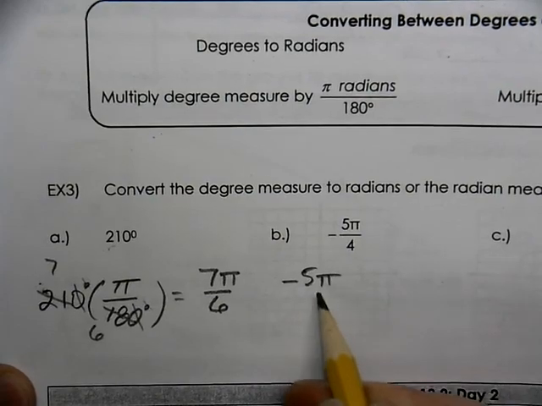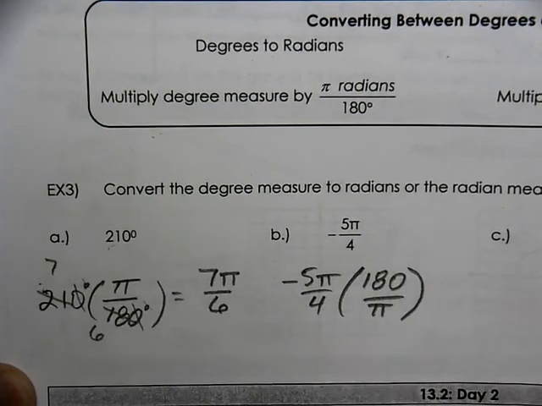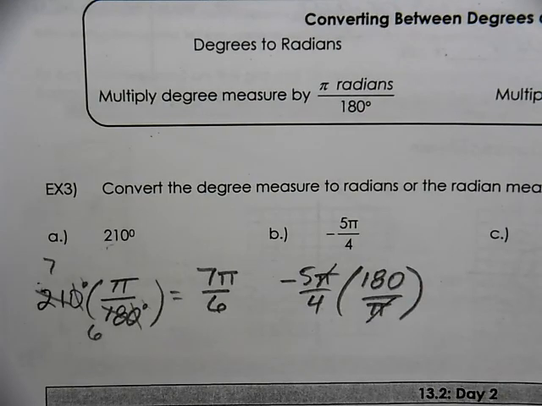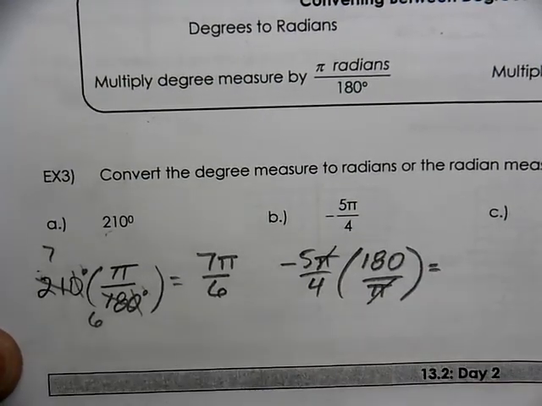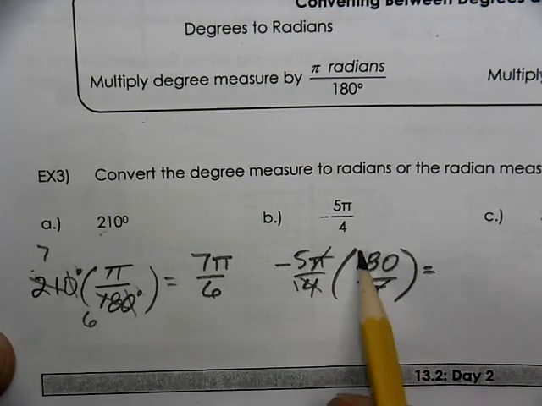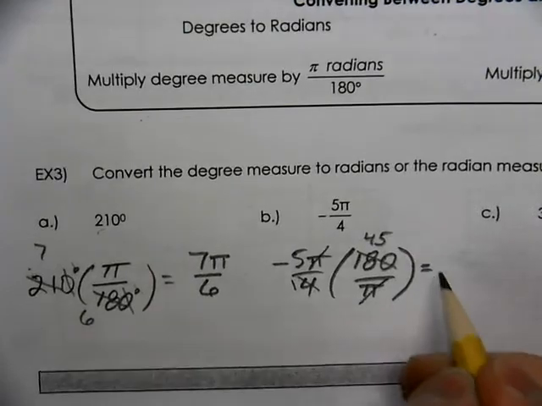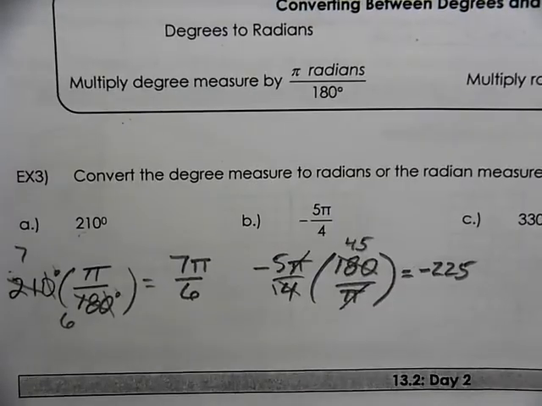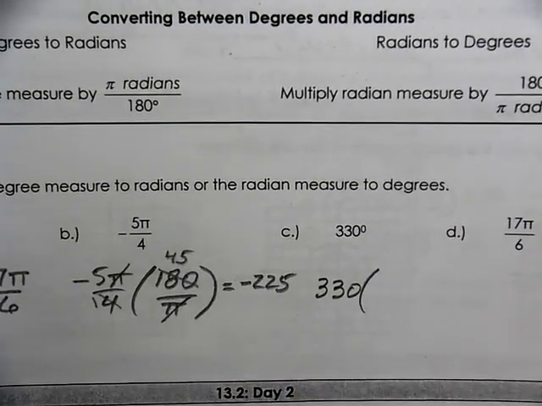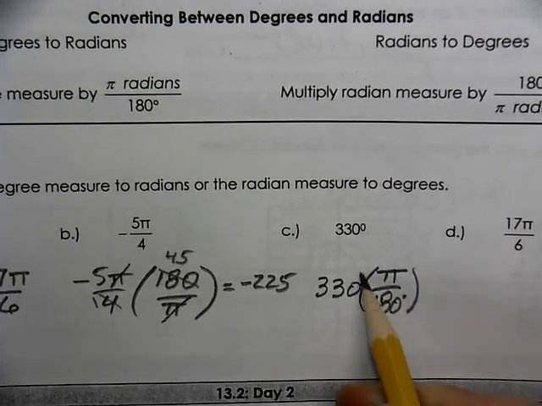If we have 5 pi over 4, we're going to times that by a ratio. This time we put the pi on bottom so the pi's can cross out. 5/4 of 180. 4 goes into 4 once. 4 goes into 180 45 times. And we come up with 225. Our 330 converted into radian, so we put the radian on top, we put the degrees on bottom.